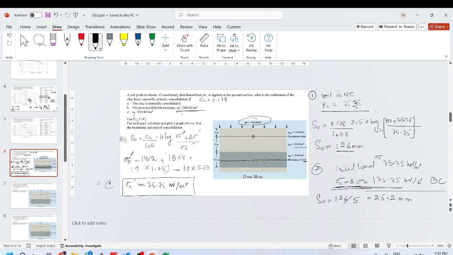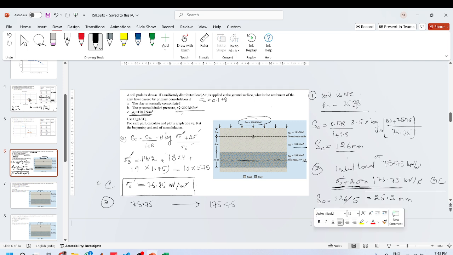Now the third part is what if your sigma naught or pre-consolidation pressure is 150 kPa. So in that case, you are moving from OC stage to an NC stage. So you will divide this into two segments, SC1 and SC2.